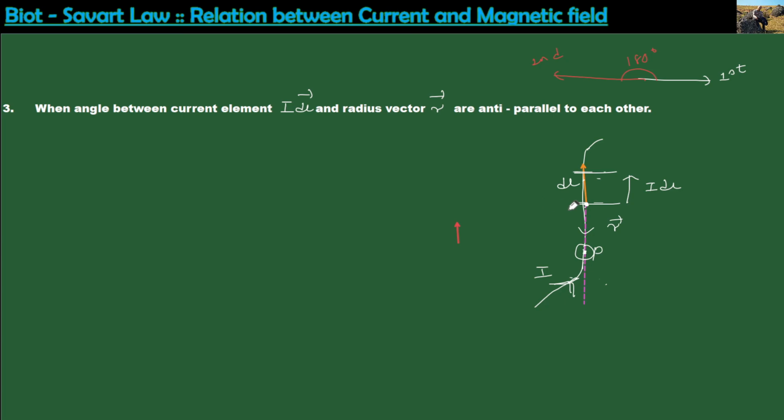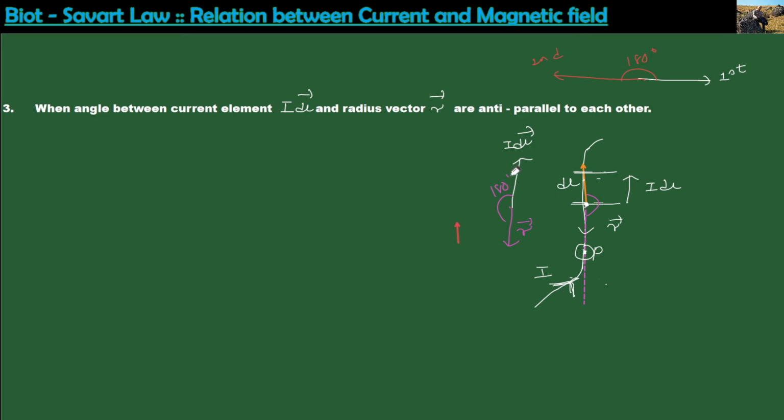In the opposite direction. So if I draw separately, at this particular point, this is the direction of our I dl current element. And from this point, with respect to the observation point P, this is r, our radius vector. The angle between these two is how much?